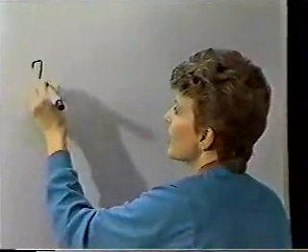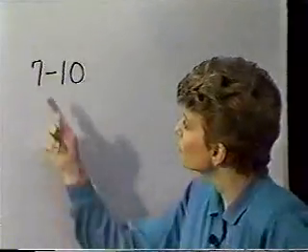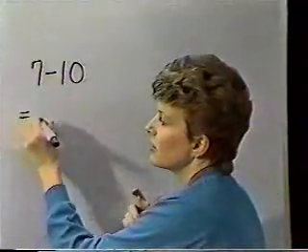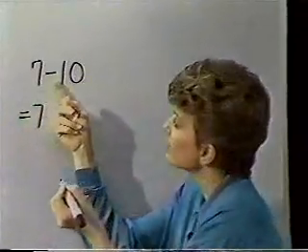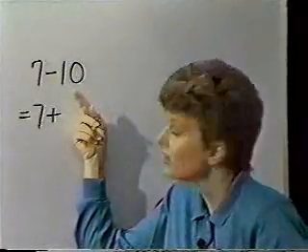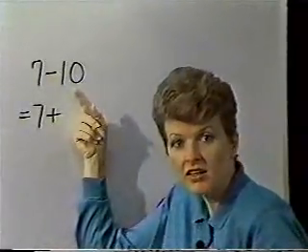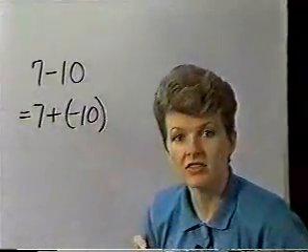What about 7 minus 10? For 7 minus 10, subtracting is the same as adding the opposite. Well, what's the opposite of positive 10? The opposite of positive 10 would be negative 10.